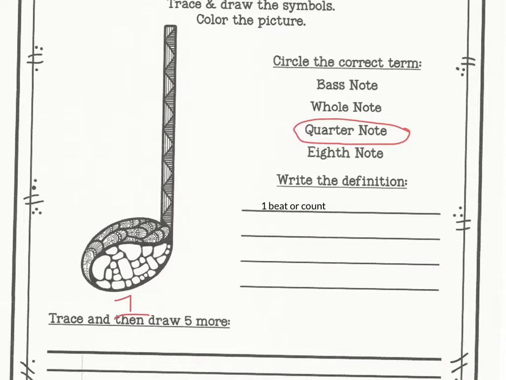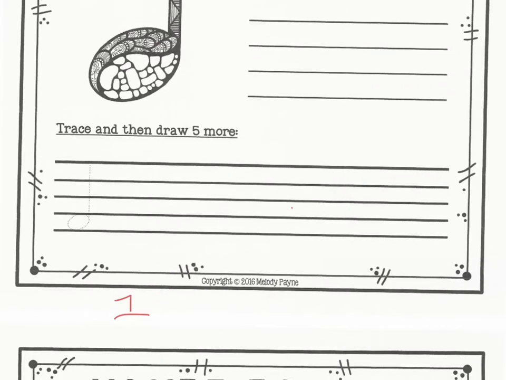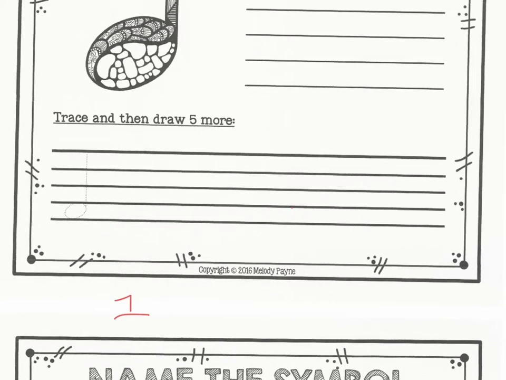So in a measure, it would just be counted as 1. And then again, you're going to trace it and draw it 5 more times on the staff.